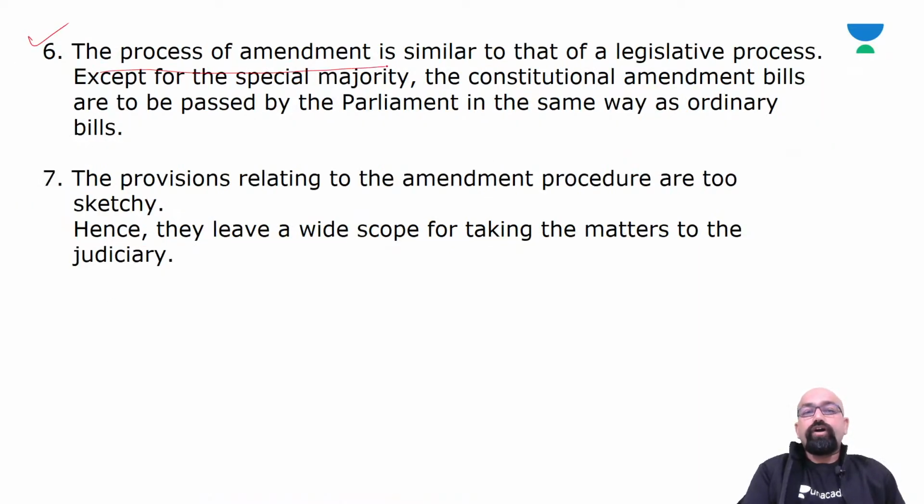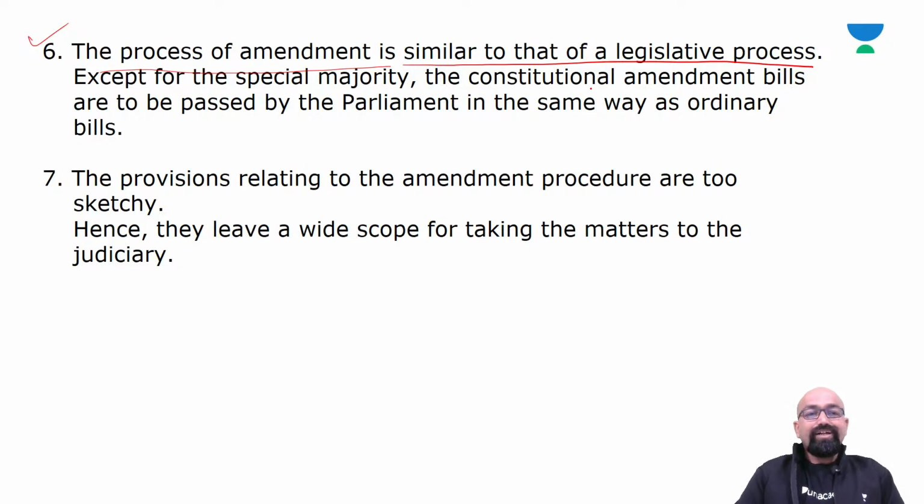The process of amendment is similar to that of the legislative process, except for the special majority. The constitutional amendment bills are to be passed by the parliament in the same way as ordinary bills.